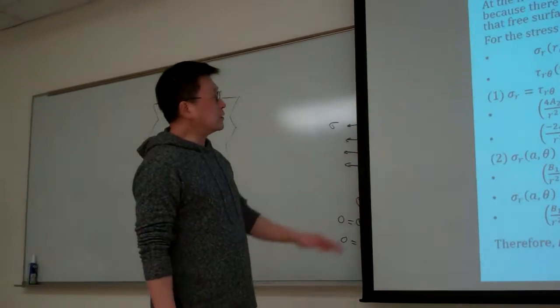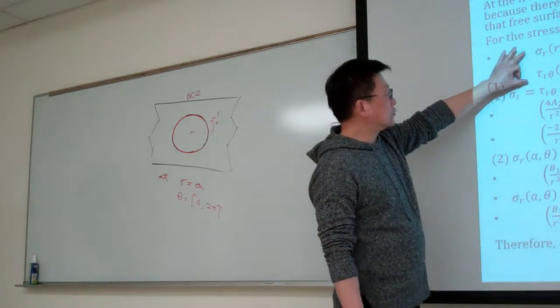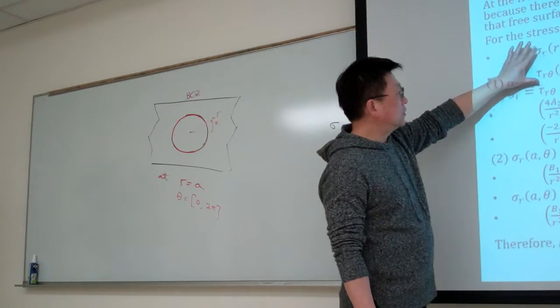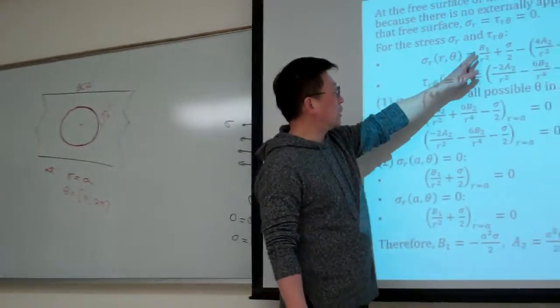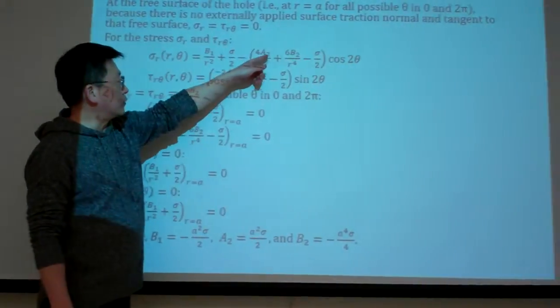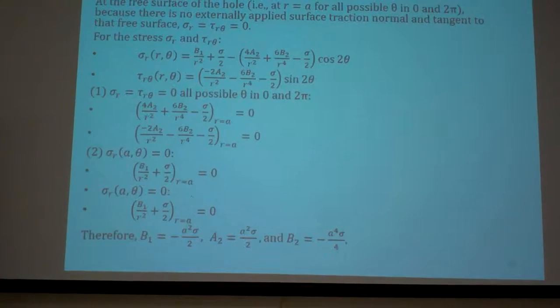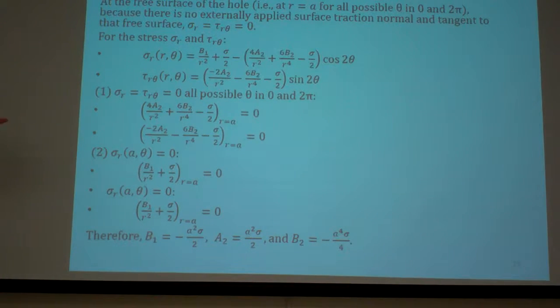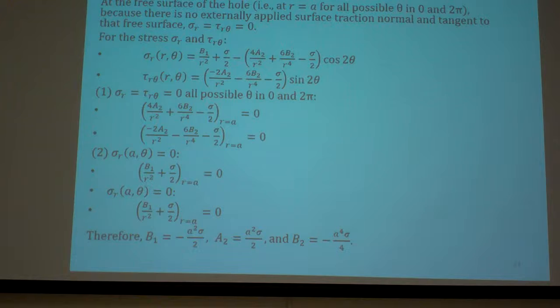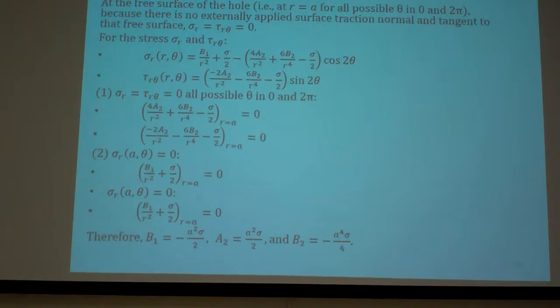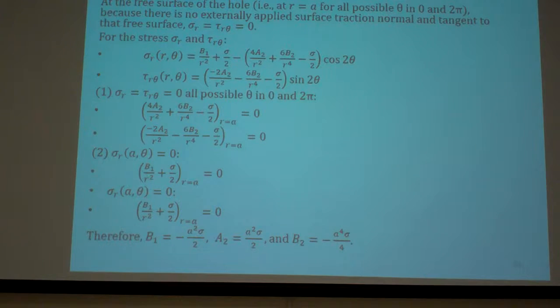Here I copied the general solution of the stress. We still have unknown constants to solve. The first one is this. The second boundary conditions must be valid for all the points on the boundary, which means for all possible theta in this domain.